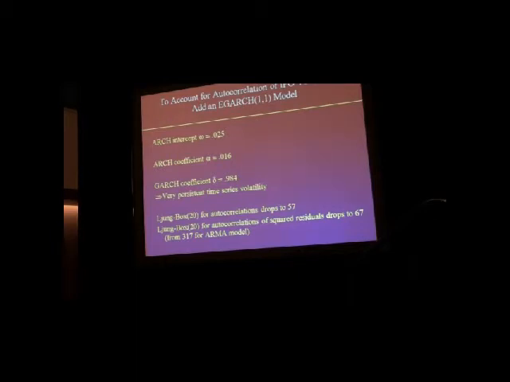When we did that, the ARCH coefficient, which is typically a really small number, was a really small number. And the GARCH coefficient, which is sort of like an autoregressive parameter in an ARMA model, was huge, 0.984, which is very consistent with what you get in most treatments of things like daily market returns.